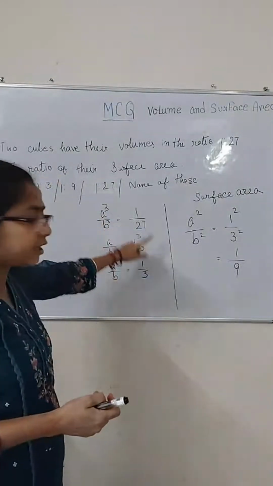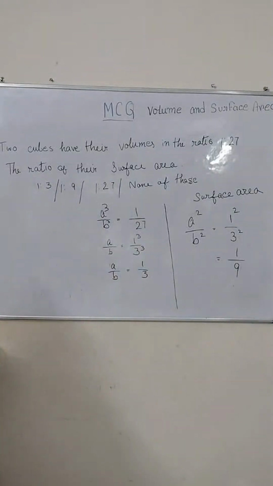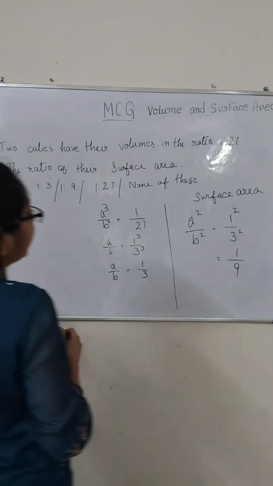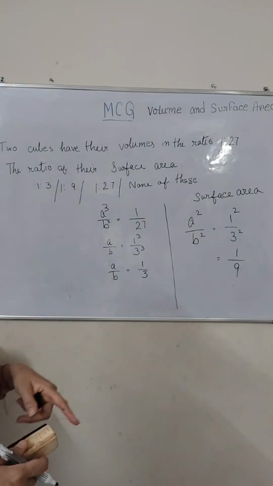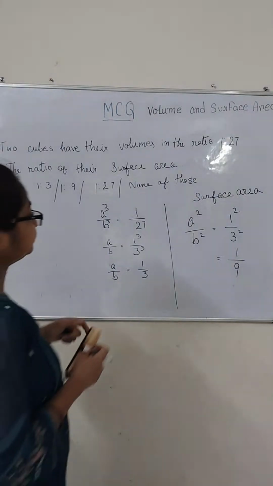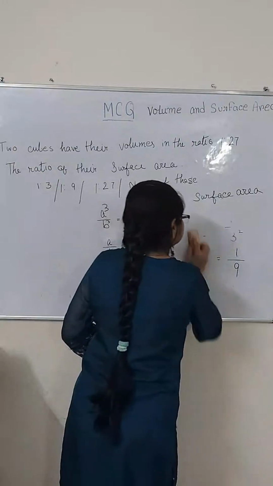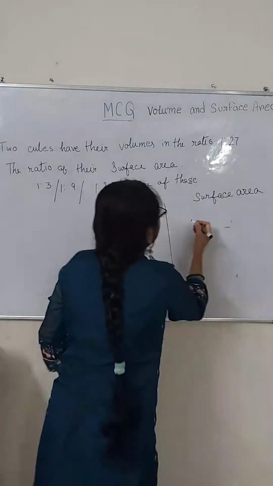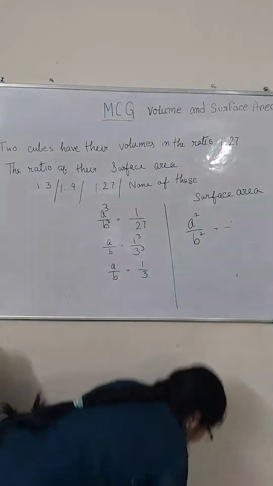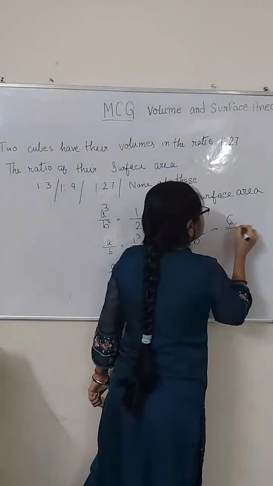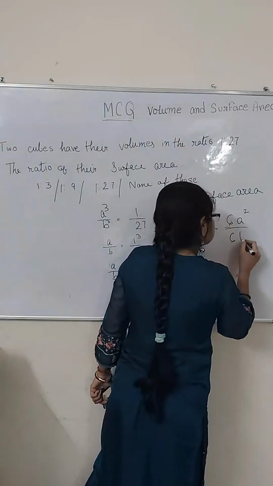You check it first. I make it a little bit easier: put the formula and then write it. I think it is easy for you. I write A square and B square. Now for surface area, the formula is 6A square by 6B square.